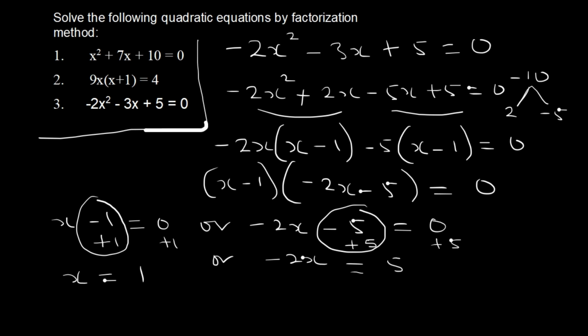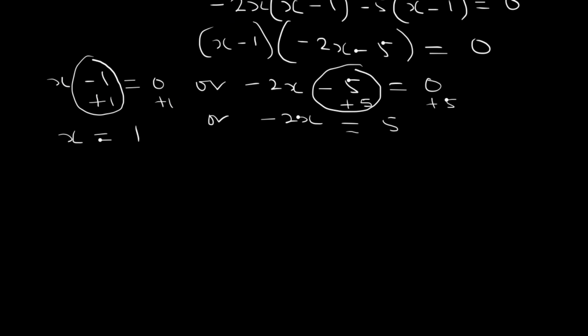So if minus 2x is equal to 5, we are looking for x. So we'll divide both sides by minus 2. If we divide both sides by minus 2, we'll have that minus 2x divided by minus 2 is equal to 5 over minus 2.